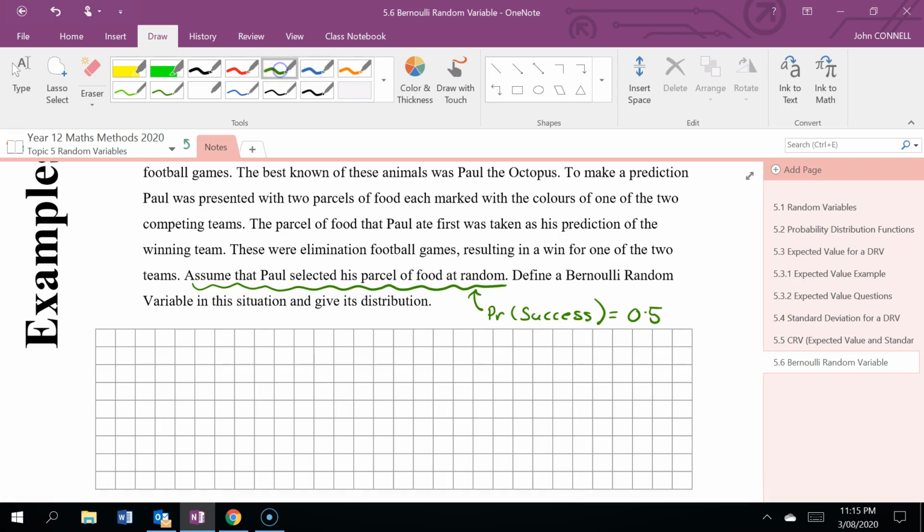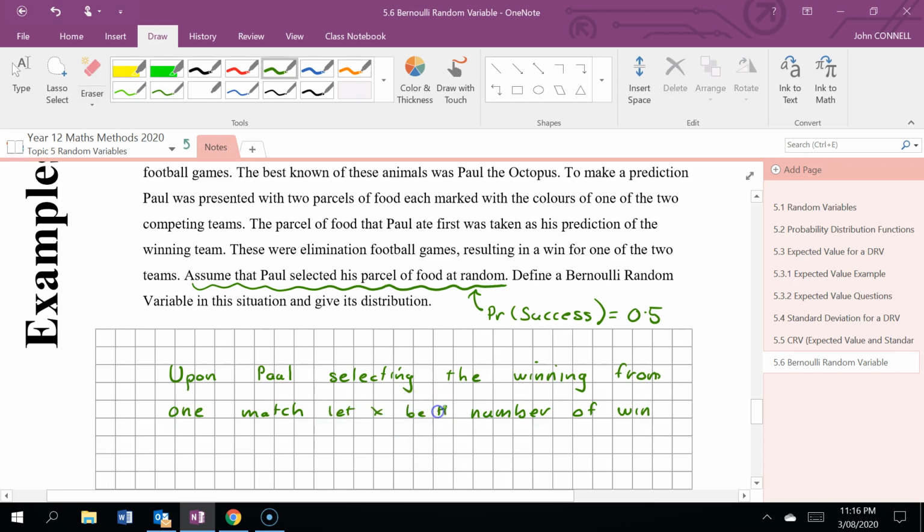So let's say upon selecting the winning team from one match, let X be the number of winning teams he selected.